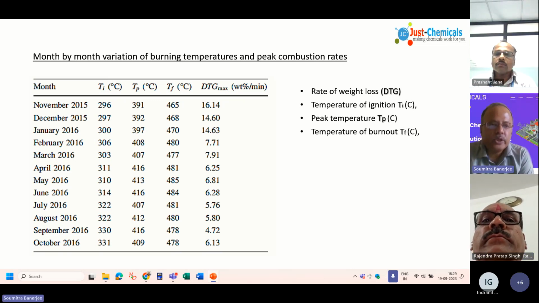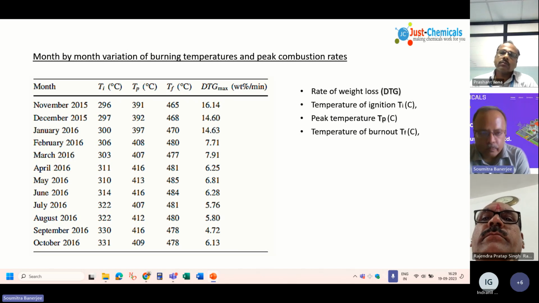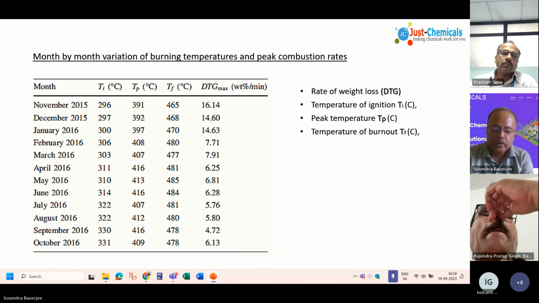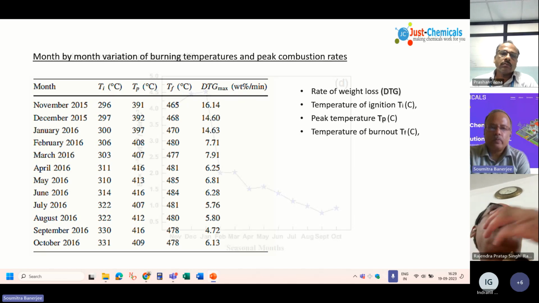Then temperature of ignition, earlier it was 296, now you require 331, means you need more heat to burn the coal. And then peak temperatures were going up, and TF, temperature of burnout, was also going high. So ultimately, weathering of coal has affected the combustion rates of the coal.